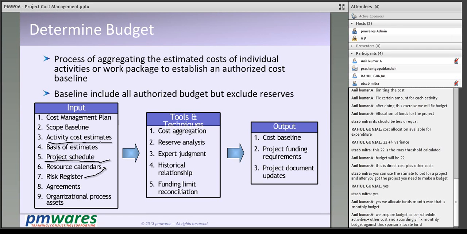Absolutely right. So based on this you do aggregation of the cost, then you do a reserve analysis of how much contingency or management reserve is required. You put that buffer on that and create a baseline, and based on your schedule and the money allocated to each activity over the time, you forecast your fund requirement.